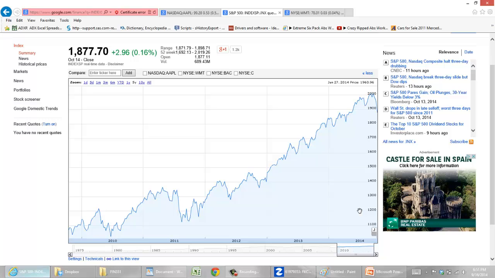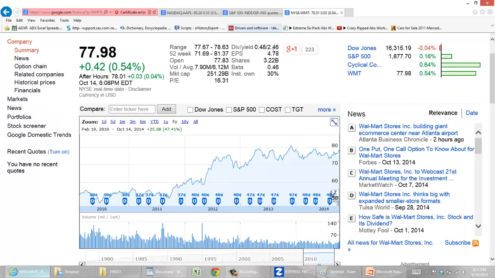You see that the price of the S&P grew from like 1100 in 2010 all the way to 1900 recently, right? It's the market in general. Now, if you look at Walmart during the same period of time, you see it is also growing, but guess what? It's kind of similar, not 100%, but kind of similar.